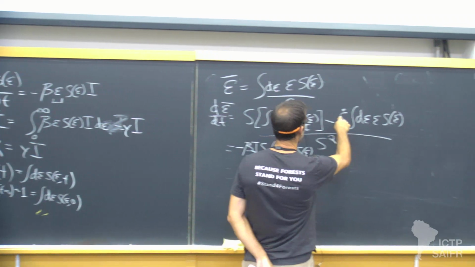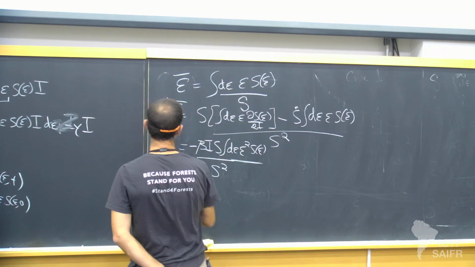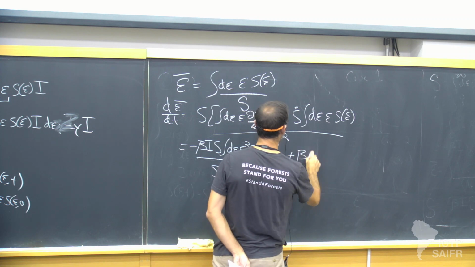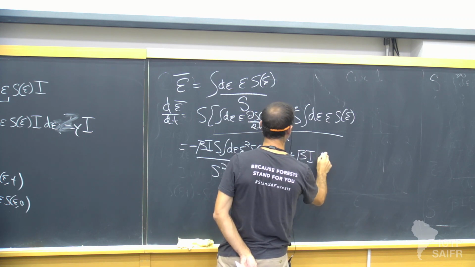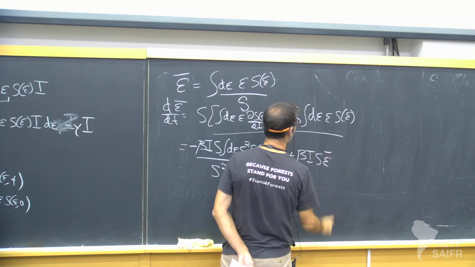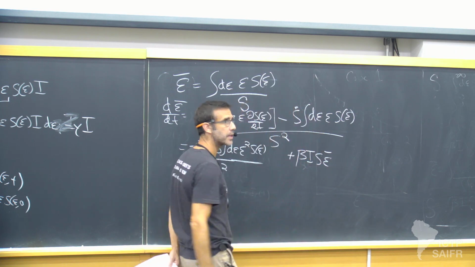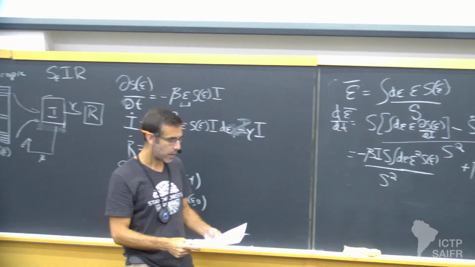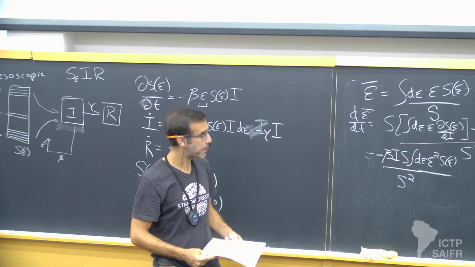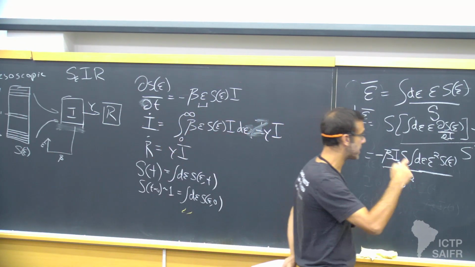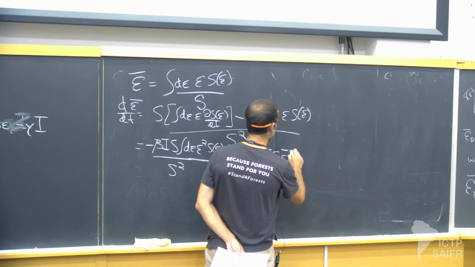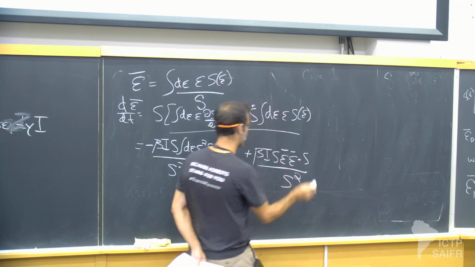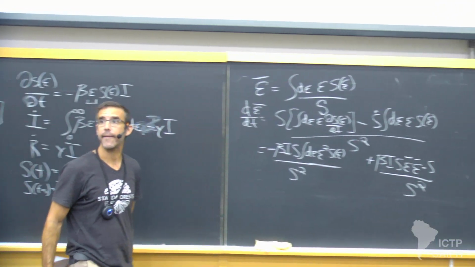And then minus s dot, which we have over there, becomes a plus beta I s epsilon bar. But this is nothing else. Just remember, if we divided by that, we would get epsilon bar times s, so we get another epsilon bar times s, and we have to divide this all by s squared. Okay?